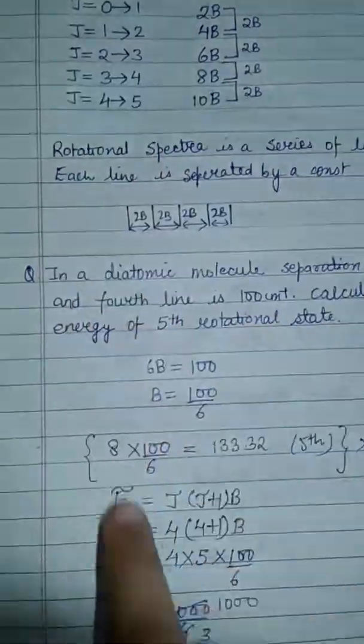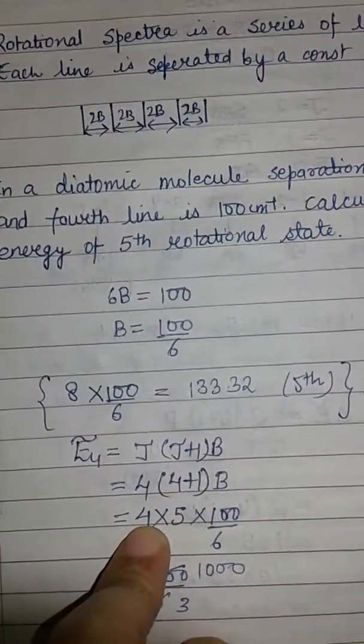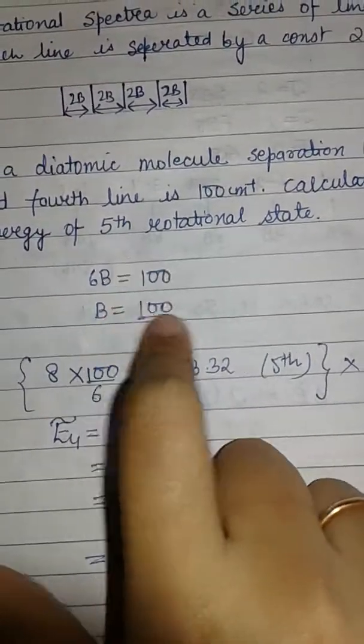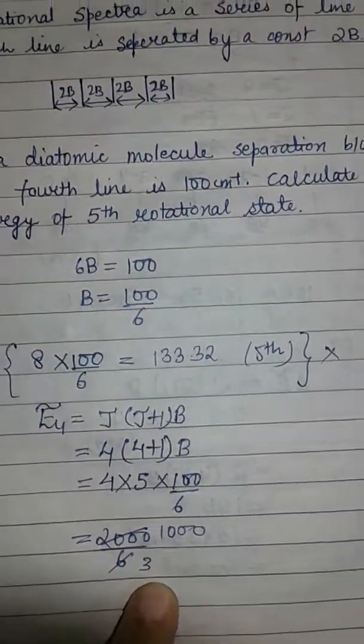So we will write the lower J value, 4 into 4 plus 1 B. When we solve it, putting the B value from here, we will get 1000 upon 3.